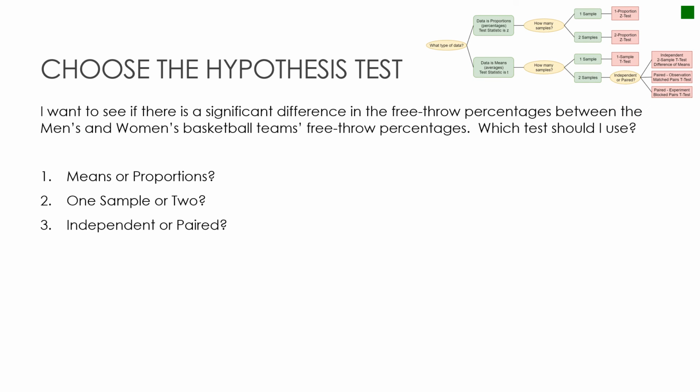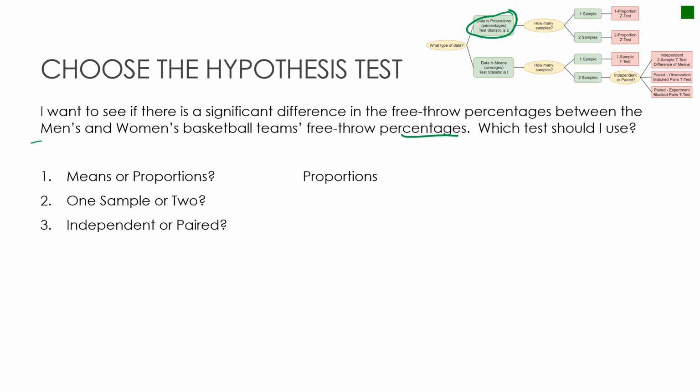Let's look at another one together. This one has to do with seeing if there is a significant difference in the free throw percentages between men's and women's basketball teams. Which test should I use? Again, I ask myself the question, means or proportions? Because we're dealing with percentages, that is a proportion. So data is a proportion. How many samples do I have?